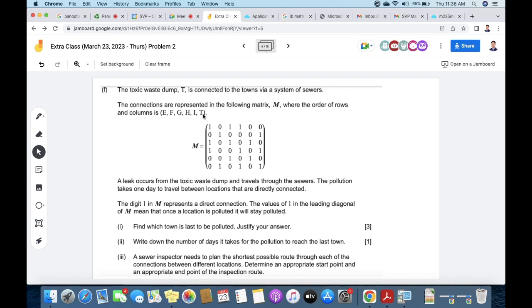So if you try to look at it, if you try to understand it, we can refer to this as E. This is F. This is G, H, I. This is T. E, F, G, H, I, and T. Do you follow? So I will give you 3 minutes to understand what 1 means so that it's easy for you to understand my discussion. Begin.